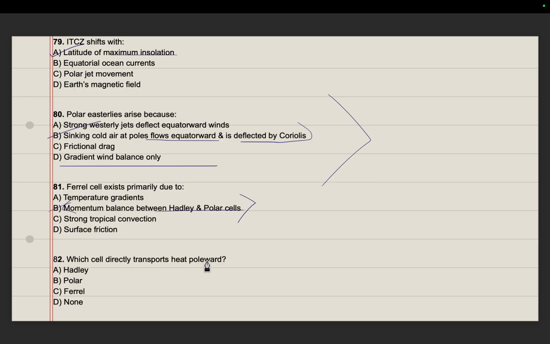Which cell directly transports heat poleward? Hadley cell, polar cell, and the Ferrel cell. Polar cell.